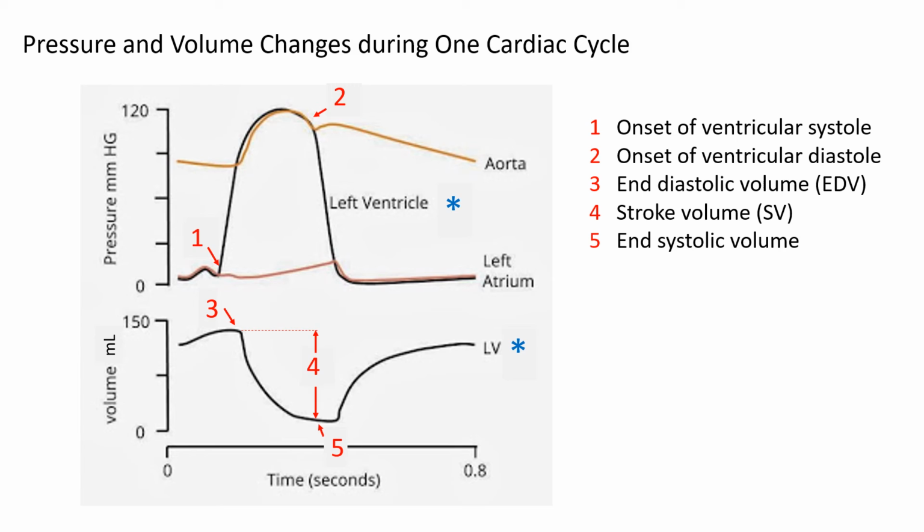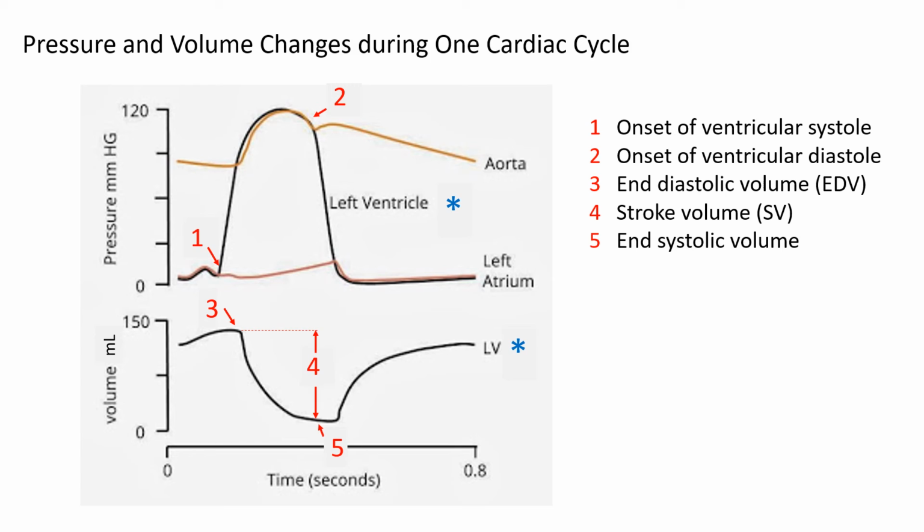So this is the same diagram that we were just looking at, and now it's labeled to indicate important time points and changes in volume that occur during the cardiac cycle. So point number 1 in the upper panel, we're examining pressure changes in the left ventricle. At point number 1, this is the onset. Onset means beginning.